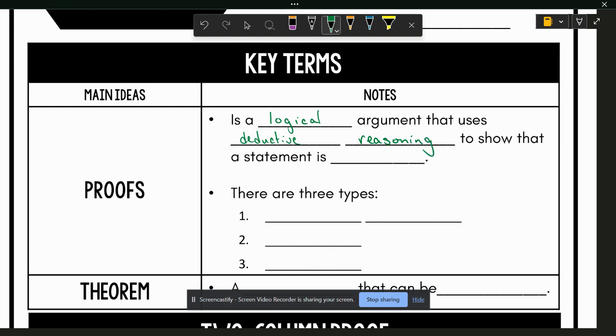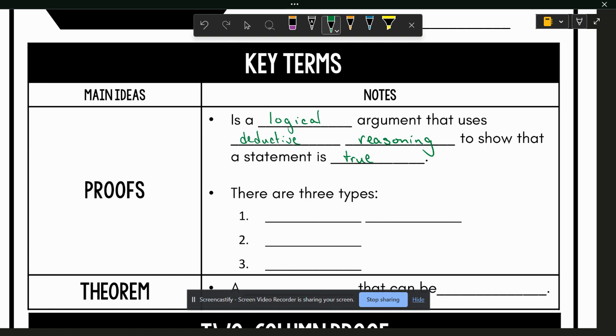This deductive reasoning is used to show that a statement is true. If you remember deductive reasoning, a statement is made, an if-then statement, and then we somehow have to show that it has some type of truth to it. So we're using a proof system to do that.